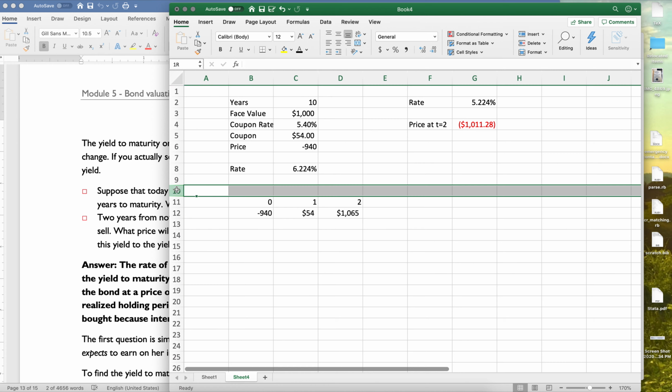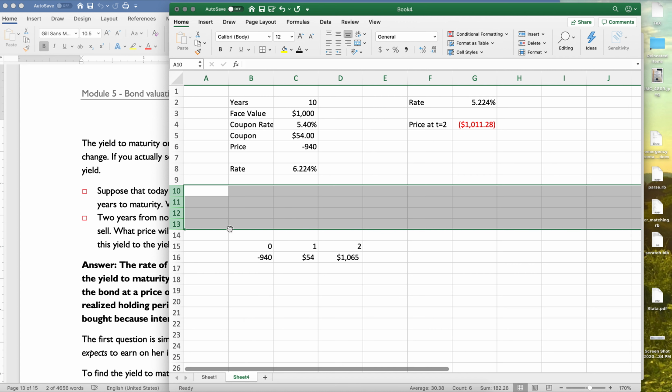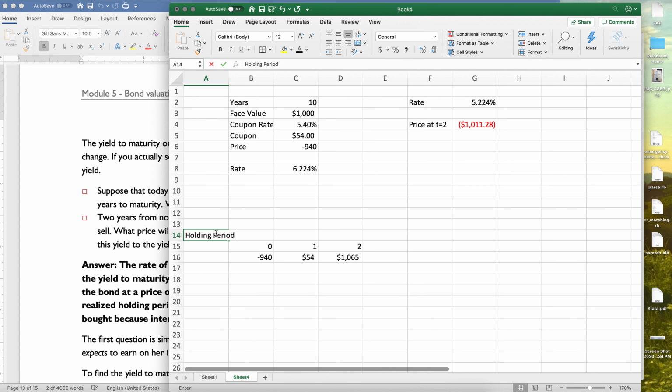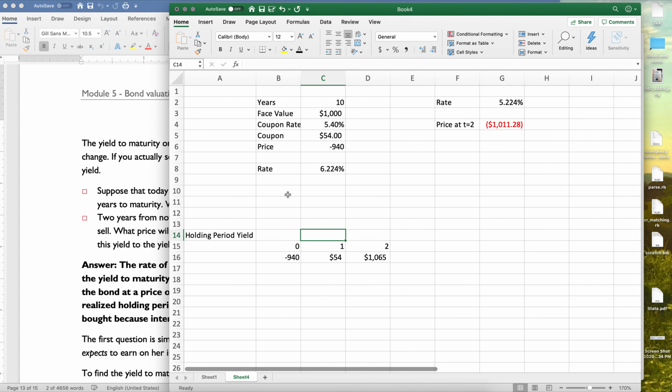So let's say our holding period yield was 10%. Let me put a percent sign on that. All right, so this is the actual cash flow. This is the PV of that cash flow, equals that divided by 1 plus that, Command T to lock that, to the power of the years.